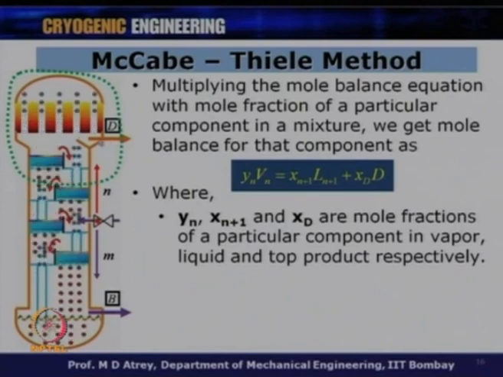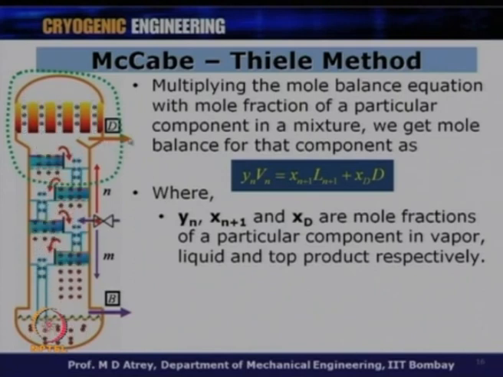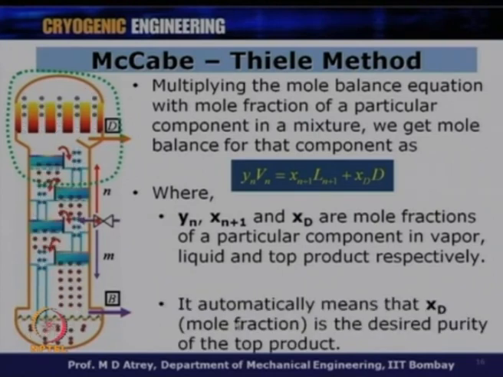It is very important to understand that if D is the top product and I say that this D should have 98% nitrogen, then my Xd becomes 0.98. It automatically means that Xd, which is the mole fraction of a particular component, is the desired purity of the top product. So, this is basically the desired purity of that component in D.